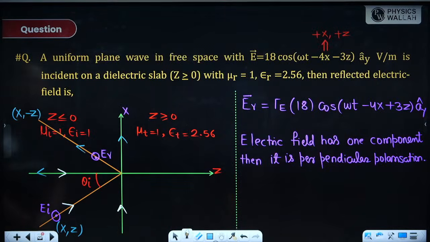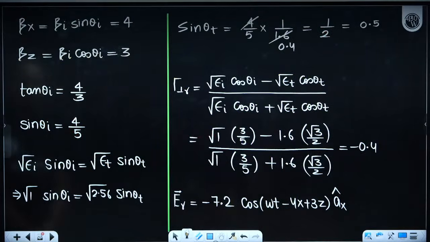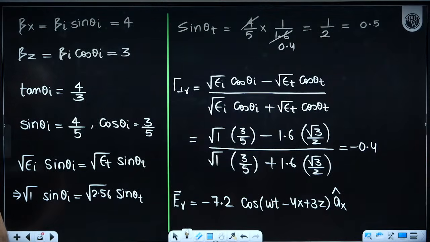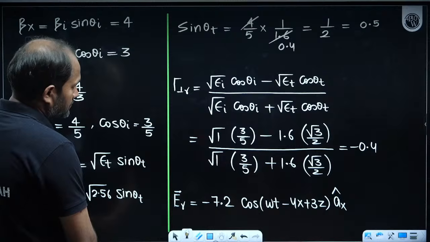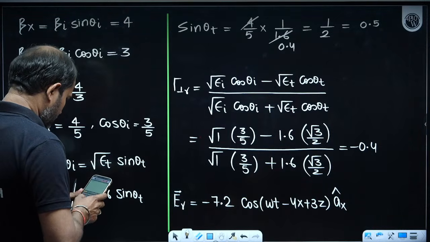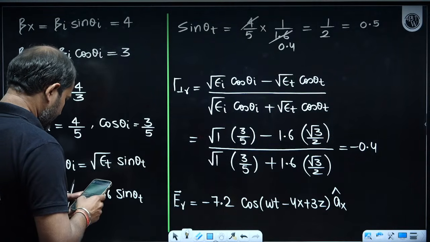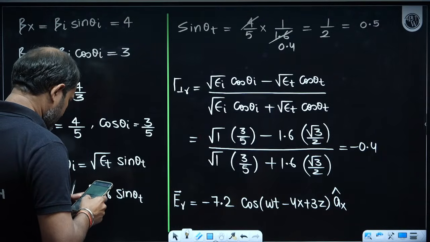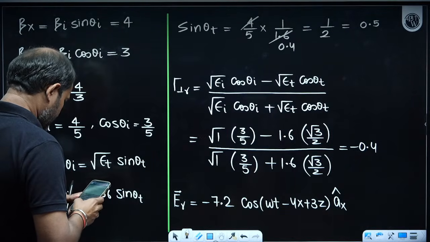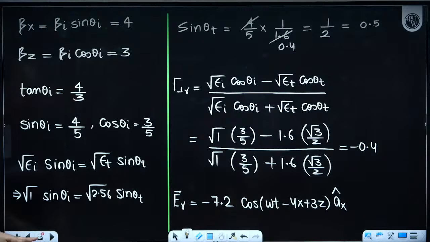Gamma E into minus 4x plus 3z. Cos theta is equal to 3 by 5. Okay, 7.2 is the correct answer.